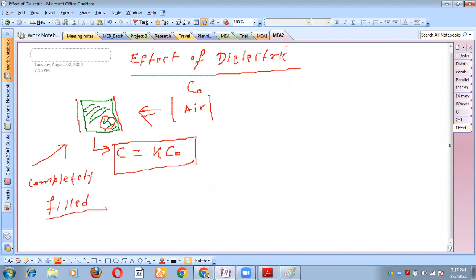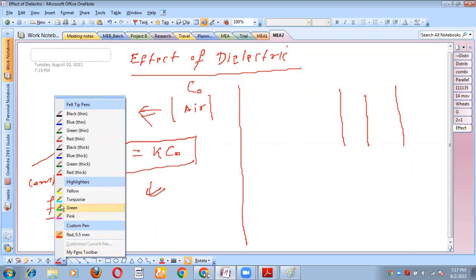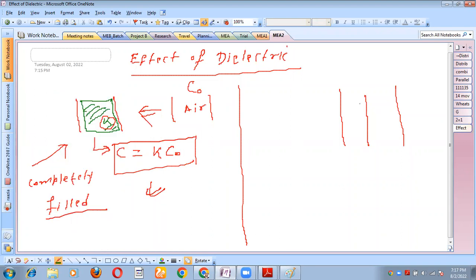Sometimes it may be partially filled. So that is only for completely filled. Sometimes what happens? Capacitor is partially filled. So in that case, what happens? Like you have a capacitor, and suppose I partially filled it with a dielectric, like this.